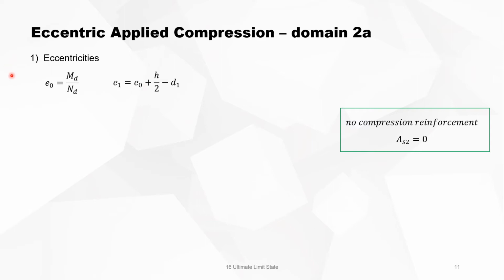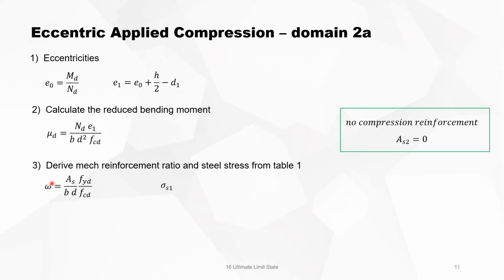So you always start with the eccentricities, the E0 and the E1. Then you calculate the reduced bending moment, with respect to NDE1, not to MD, but to NDE1. Then we derive the mechanical reinforcement ratio and steel stress from the tables or from the formulas.